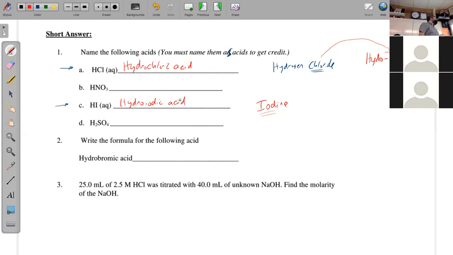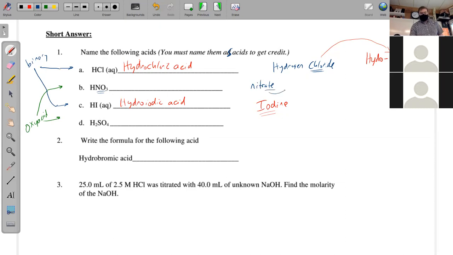And then for HNO3 and H2SO4, those are oxyacids. We identify them as oxyacids. So the green ones are oxyacids, and the blue ones are just binary acids. For oxyacids, you look at the name of the anion. Here, NO3 is the nitrate anion, and in the naming scheme, the ate changes to an ic.